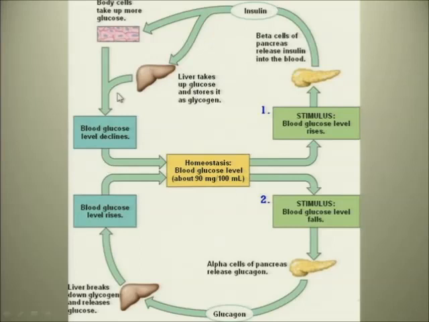So on a long question, it's actually very easy. If they say describe the endocrine system and negative feedback between beta cells and alpha cells, you start and say if blood glucose levels rise, the beta cells release insulin, and insulin decreases the glucose levels.